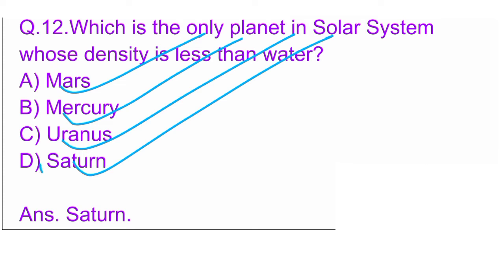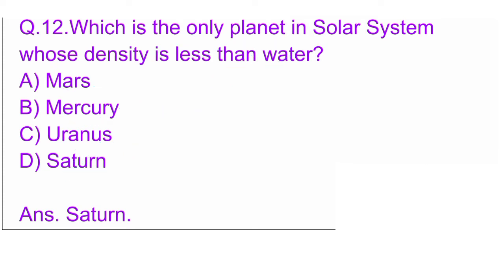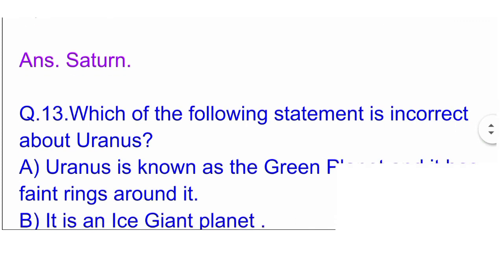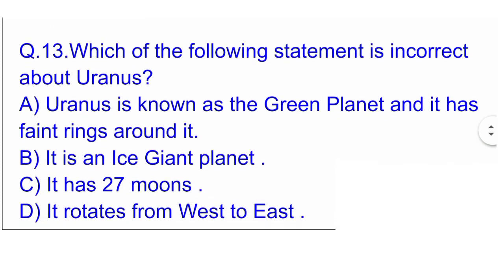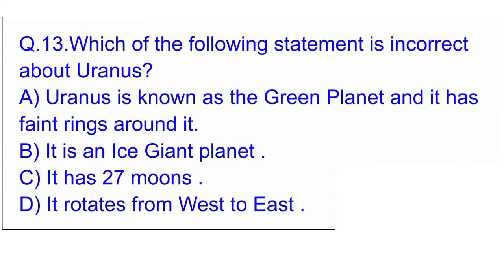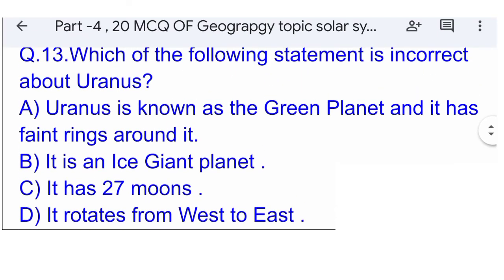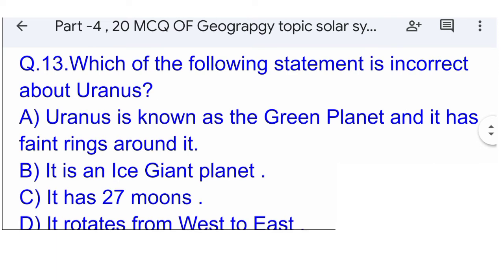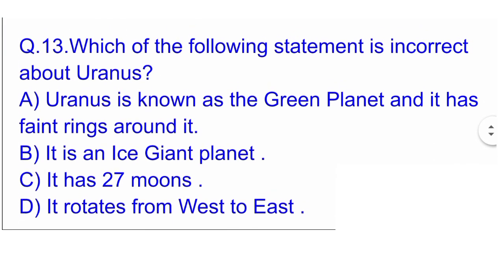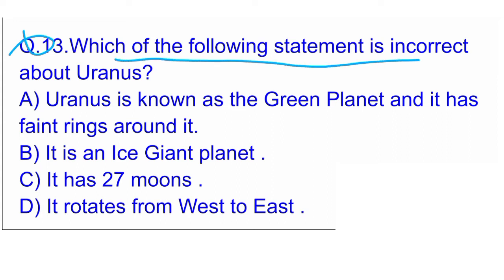Question number 13: which of the following statements is incorrect? Keep in mind, it is asking about Uranus.